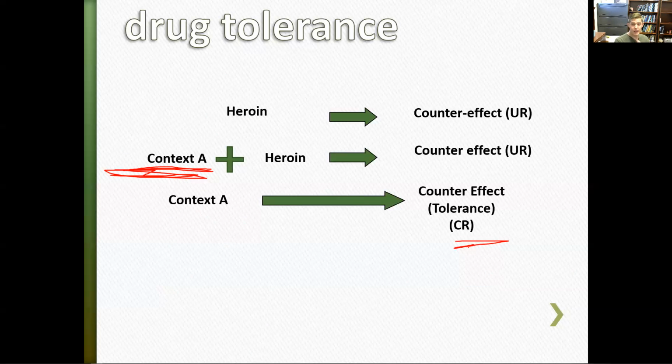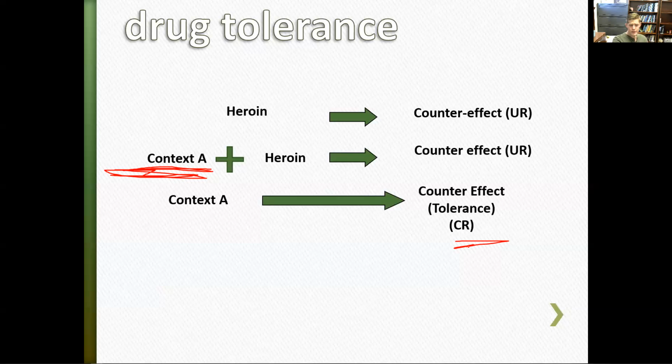So in other words, you've built up tolerance to heroin under this context. Interestingly enough, a lot of our drug tolerances that we build when we're taking a variety of kinds of narcotics are actually very specific to the context that we take them in. They can be very specific to the paraphernalia associated with the drugs, and they can be very specific to the locations in which those drugs are typically consumed.